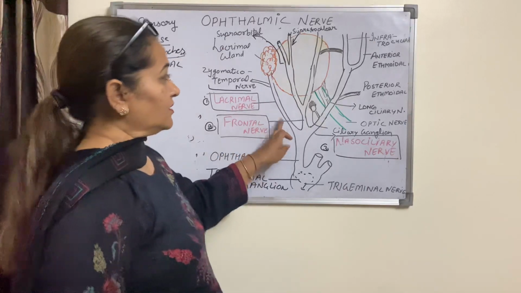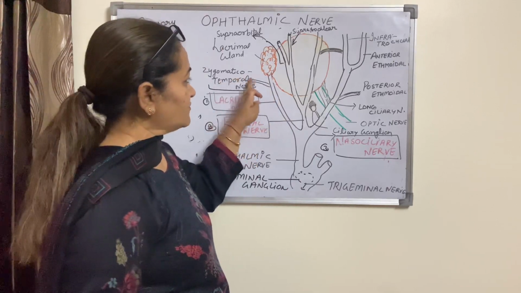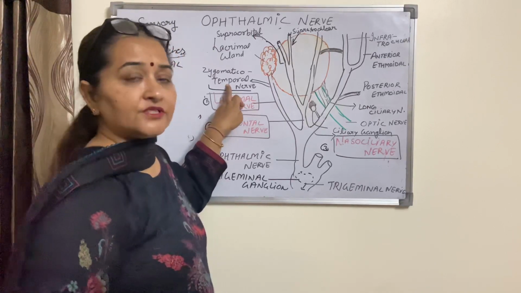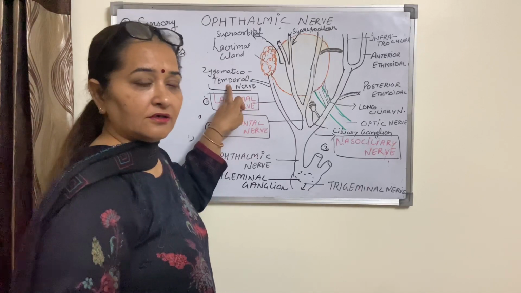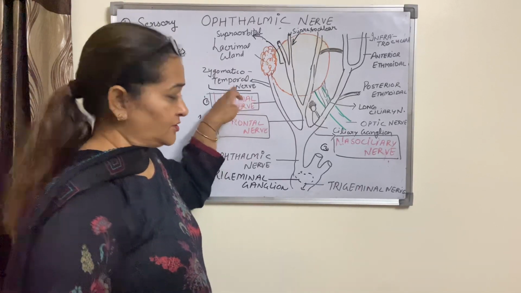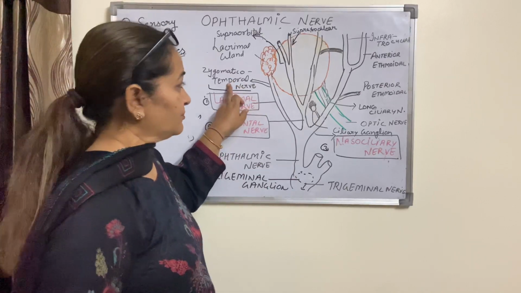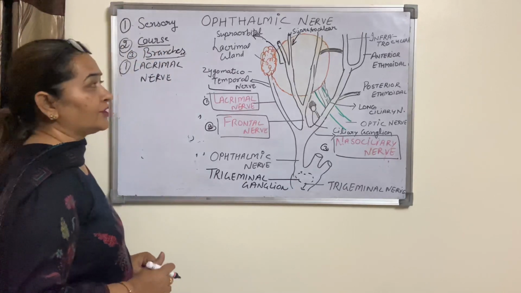Now this lacrimal nerve is running along the lateral wall of the orbit, and it receives a communicating branch from the zygomaticotemporal nerve, which is a branch of the zygomatic nerve, which in turn is a branch of the maxillary nerve, and the maxillary nerve is in turn a branch of the trigeminal nerve. So it has a communicating branch, the zygomaticotemporal nerve, and it supplies the lacrimal gland. So this is the fate of this nerve.